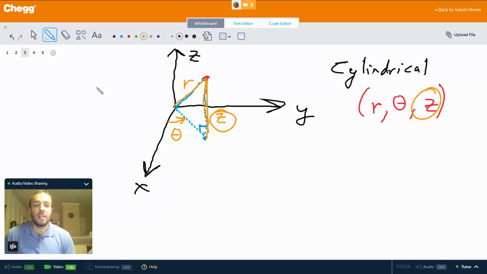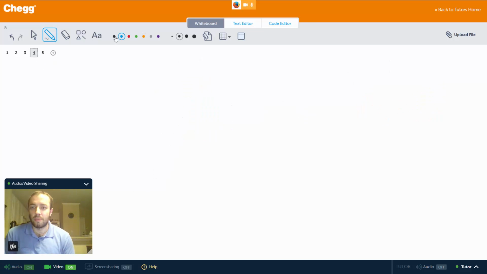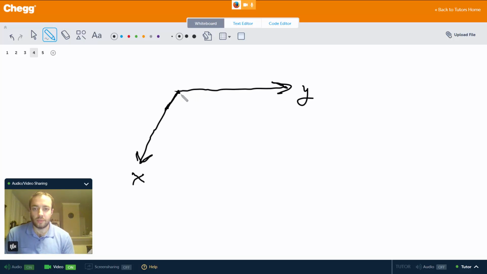All right, now what about spherical coordinates? Spherical coordinates are a little more complicated, so let me draw a picture. Let's say we have our x-axis again, and then we have our y-axis here. And then here's our z-axis.